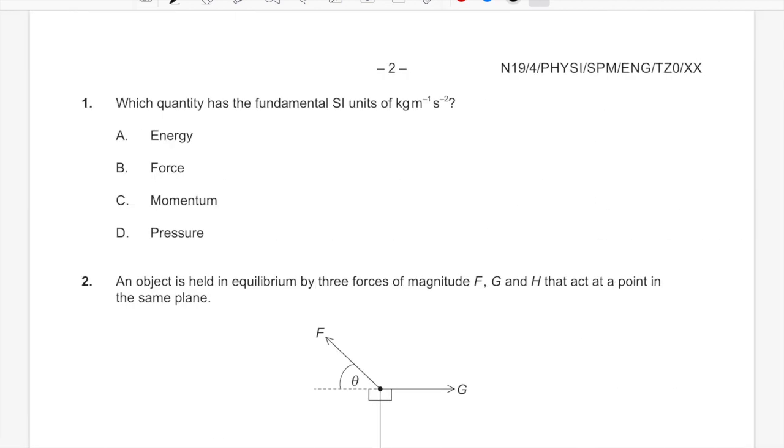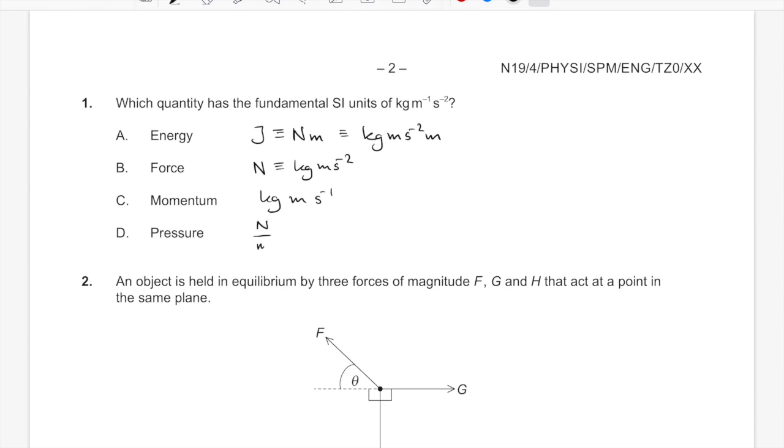So we're going to jump to the first question, and the first question is about derived units. We have to see which quantity has the fundamental SI units of that. So what we have to do there is simply just know our definitions. You need to know what a joule is. It's 1 Newton meter. You need to know that a Newton is 1 kilogram times 1 meter per second squared.